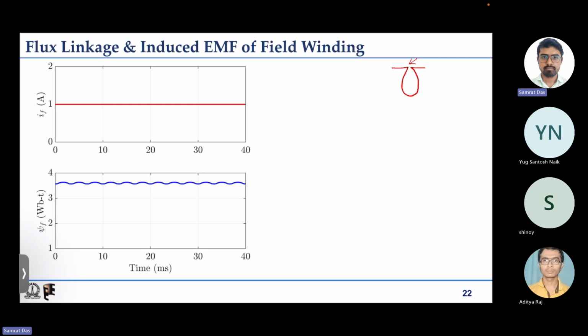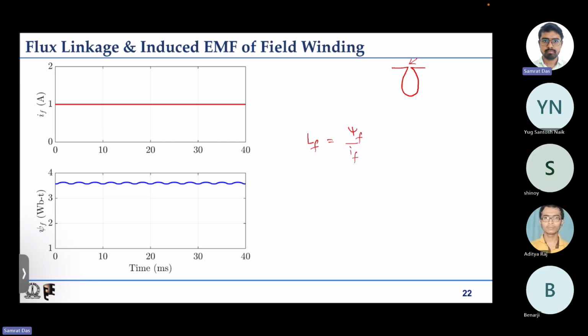We know that the self inductance of any winding is the flux linkage due to its own excitation. That is, if current is excited, then the self inductance is the ratio of the self flux linkage divided by current.